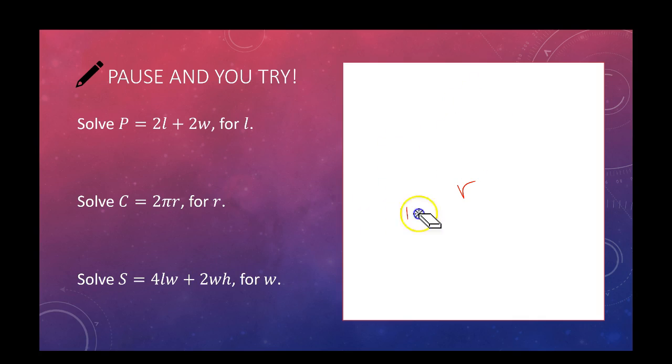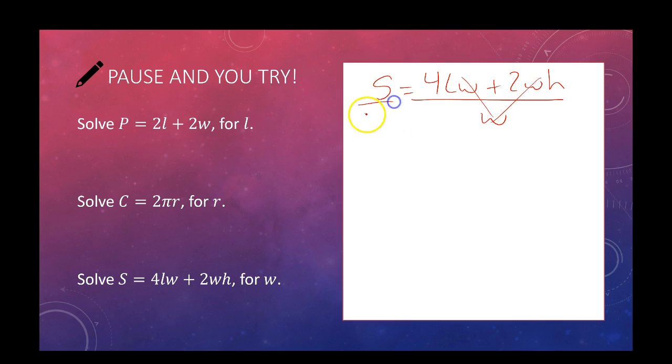Okay, this last one here is kind of like that principal rate time one that we had. So it's S equals 4LW plus 2WH, and I want to get W by itself. So because there's two W's, each in a term, I'm going to divide that out first. So that gives you S over W equals 4L plus 2H.